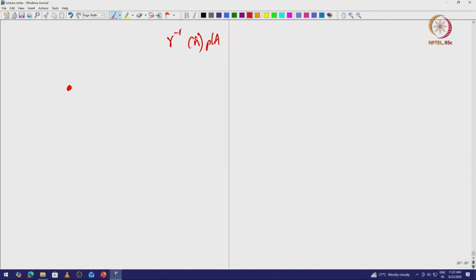Okay. So, gamma 1 inverse, this is in the direction N1, that I know, this is gamma 2 inverse in the direction N2, right.